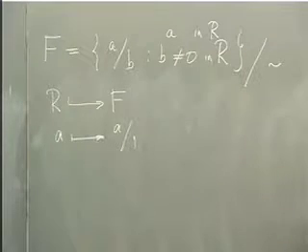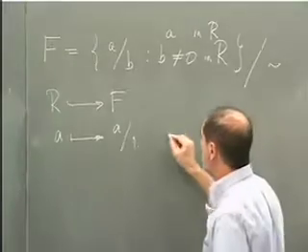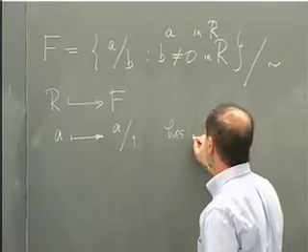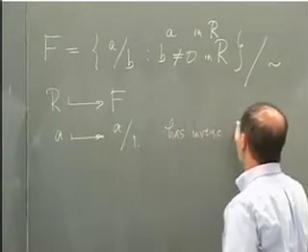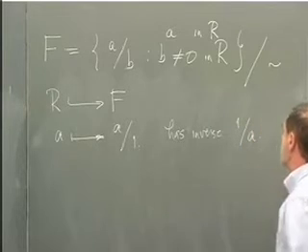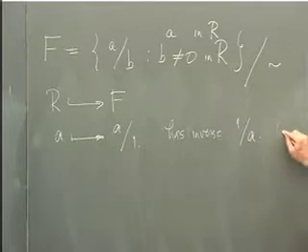And that gives inverses, because A has inverse the fraction 1 over A, if A is non-zero.